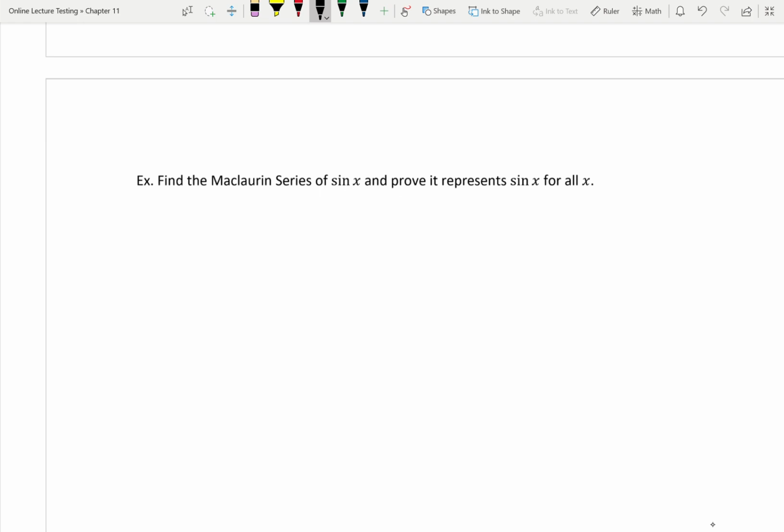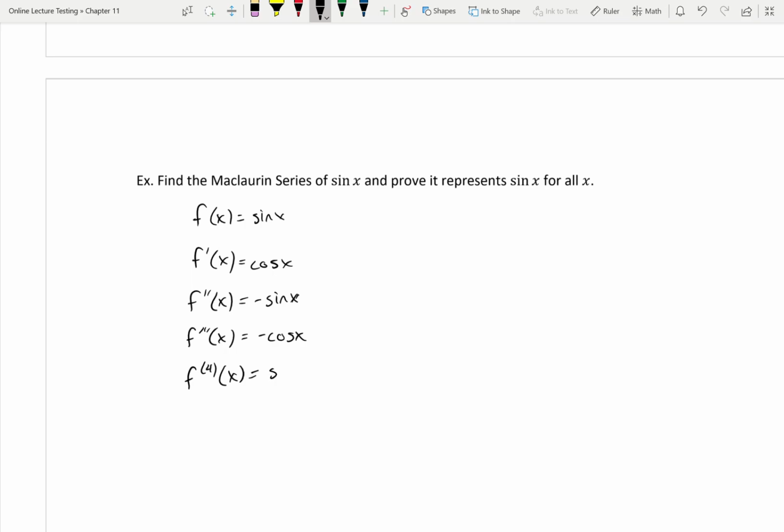We need to establish what happens to the nth derivative. f of x is equal to sine of x. f prime of x is equal to cosine. f double prime is equal to negative sine. f triple prime is equal to negative cosine, and the fourth derivative is equal to sine of x.